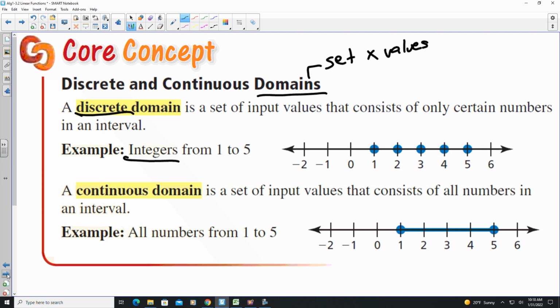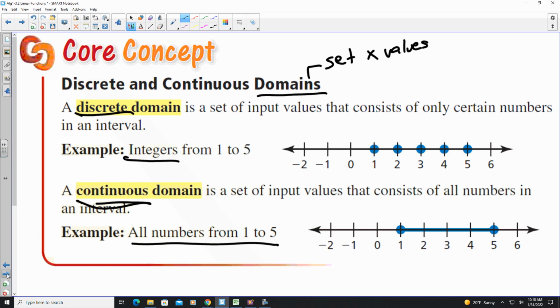The next is talking about a continuous domain. A continuous domain is a set of endpoints, and again, a set of x values, which consists of all the numbers in an interval. So here they're saying all the numbers between 1 and 5, so that includes the decimal values, fractions, all the stuff that's inside there as well.